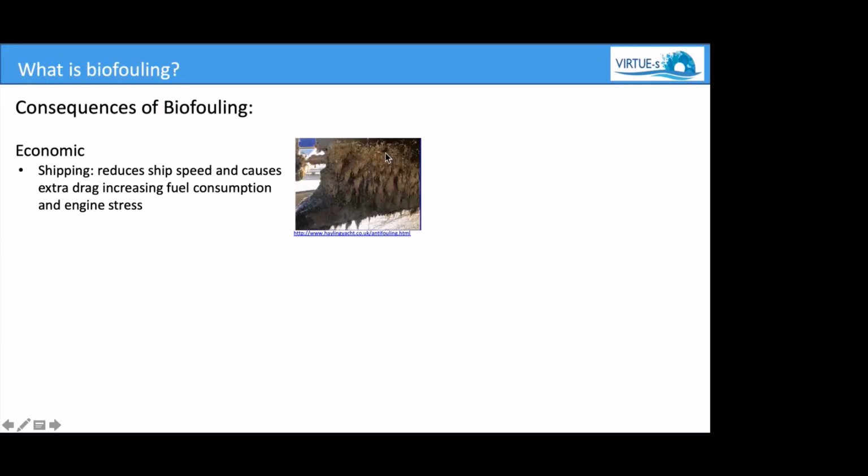If fouling organisms grow on the ship's hull in big numbers, they can reduce the ship's speed and cause extra drag, increasing fuel consumption and engine stress, because the engines will have to work overtime so that the ship can move faster.